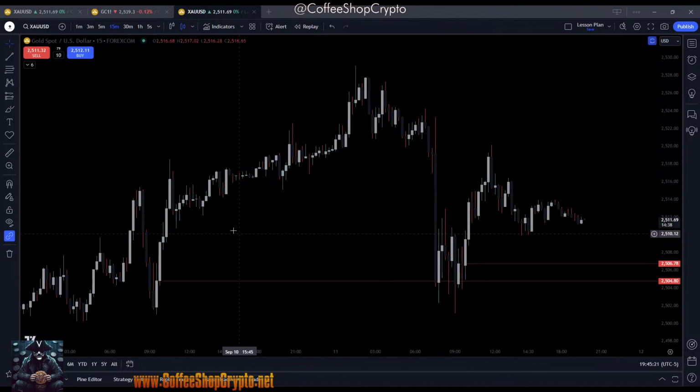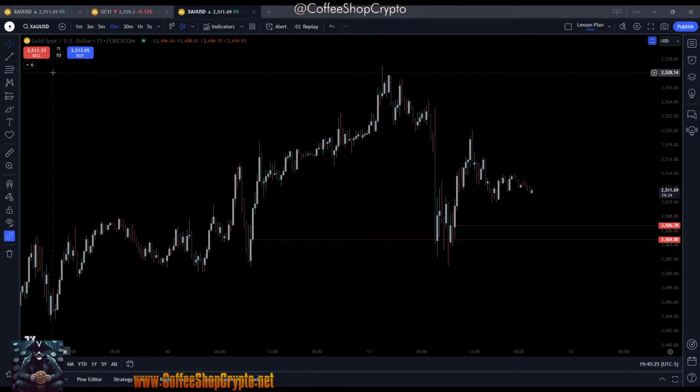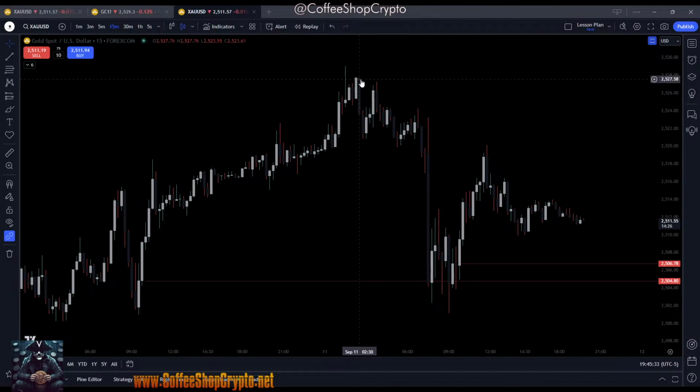So I'm just setting up the chart right now. I just want to see how things play out here. Okay, we got a decent push here. This is going to be a weak one, right? So we have liquidity left here.